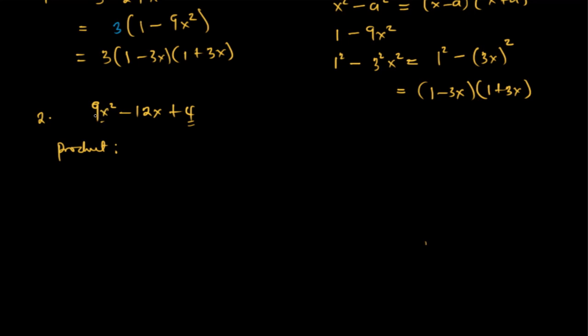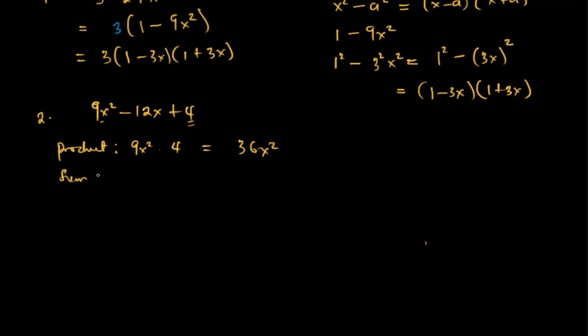That is 9x squared times 4, and that gives us 36x squared.